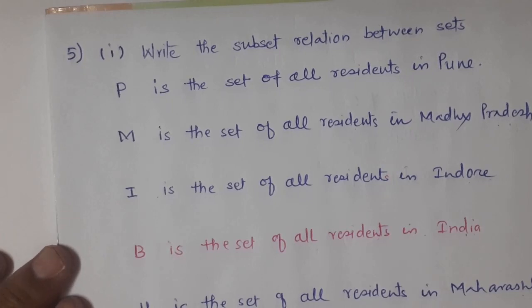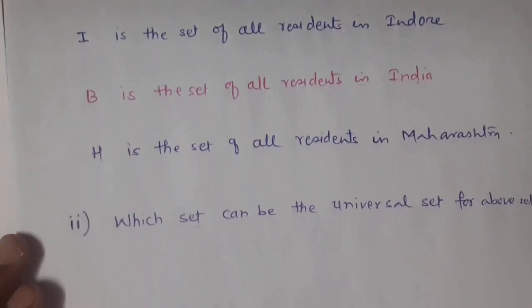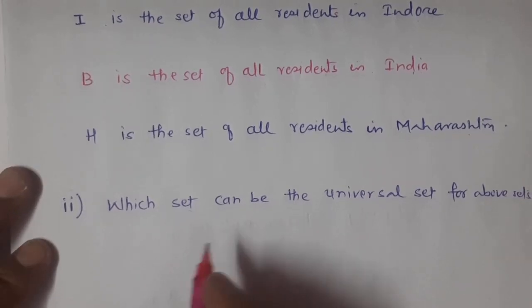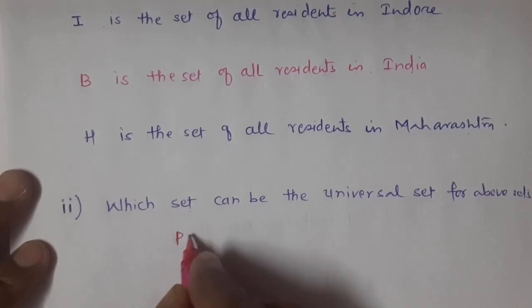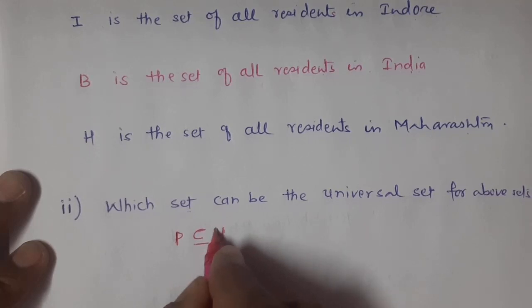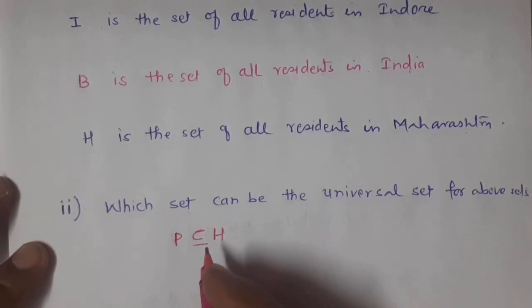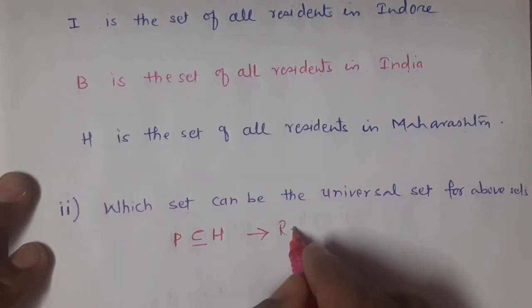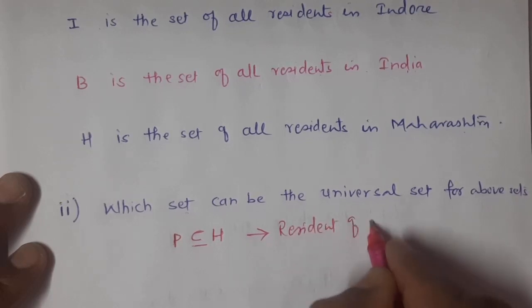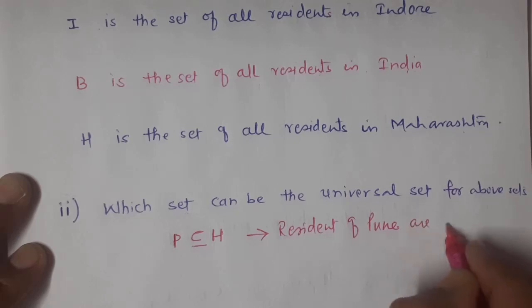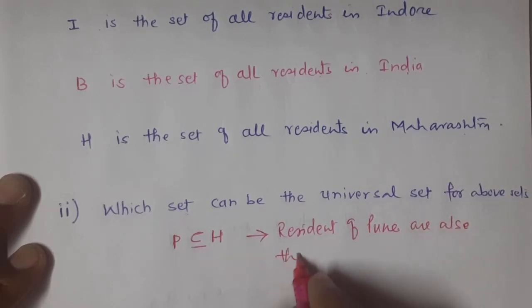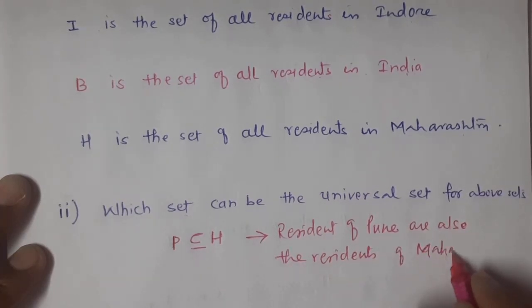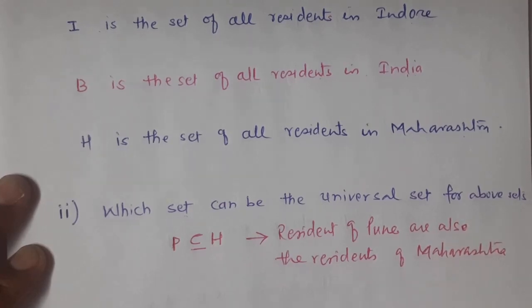So I can write that P is a subset of H. That means residents of Pune are also the residents of Maharashtra.